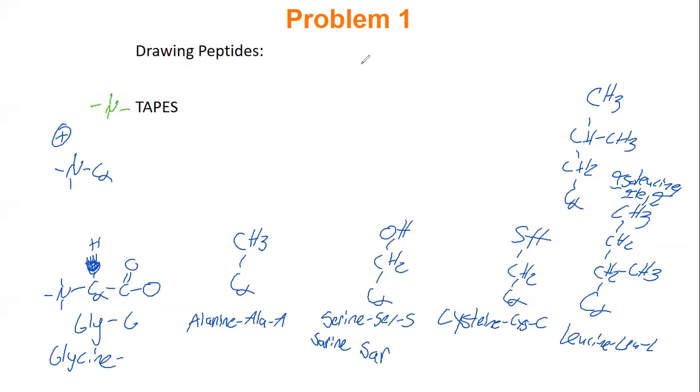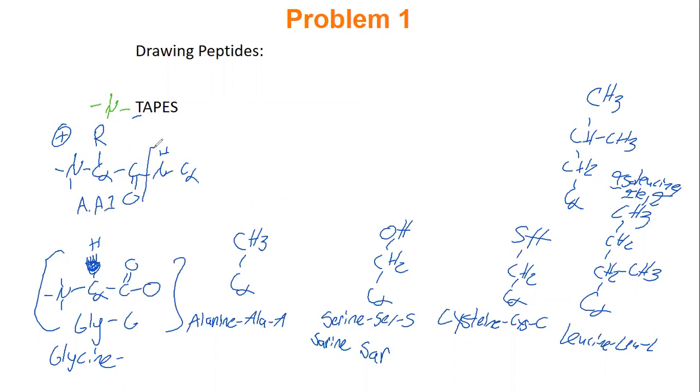So for this problem, since we already did some drawing here, what I will be looking for, you need to start with a charged N-terminus, carbon alpha, and then I'm just going to draw R. So the R are the side chains. Then it goes C double bond O. So this is amino acid 1.